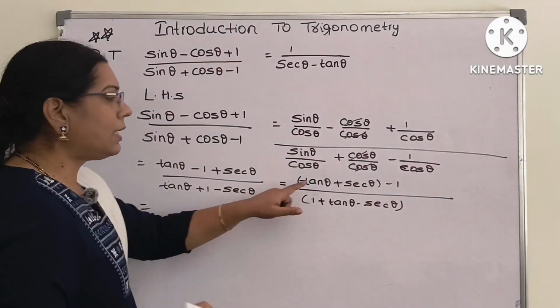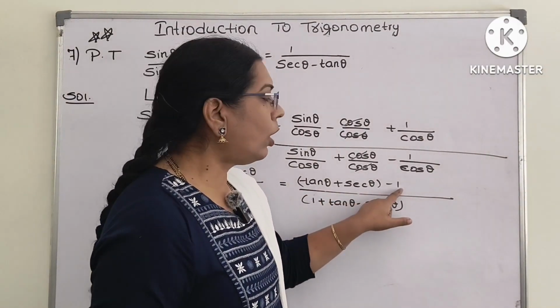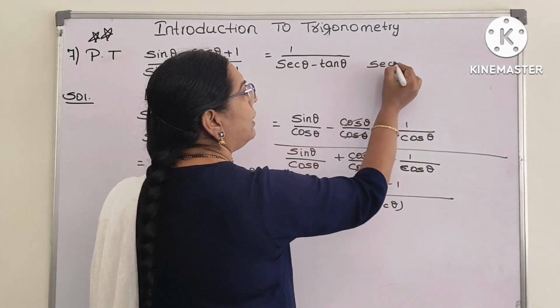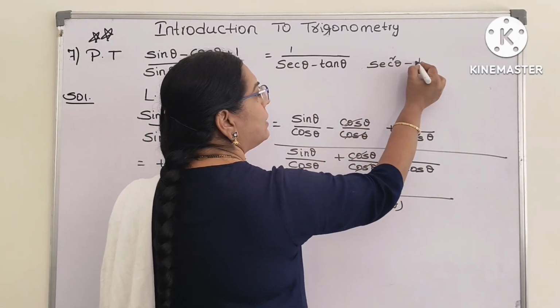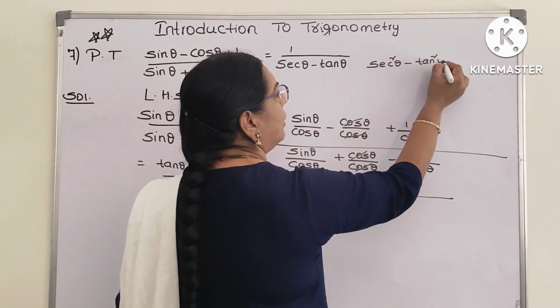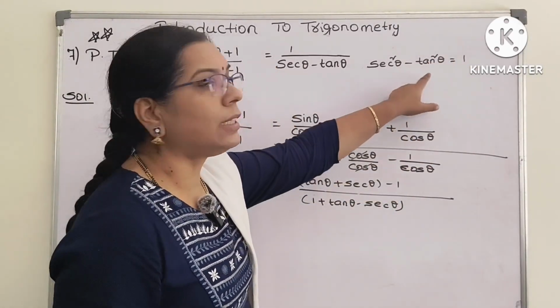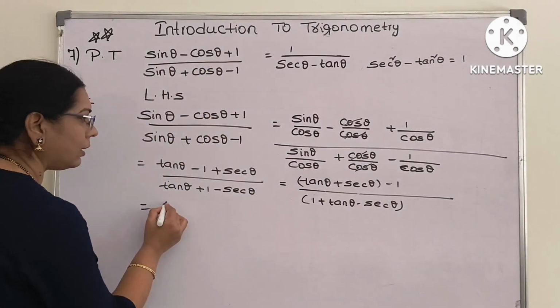Now, since I have a tan and a secant, what is the identity? Secant square theta minus tan square theta is equal to 1. So 1 can be written as secant square theta minus tan square theta.